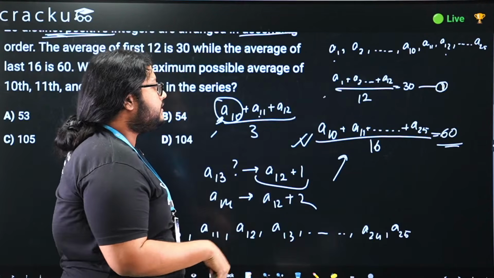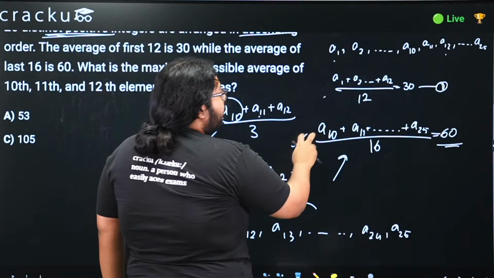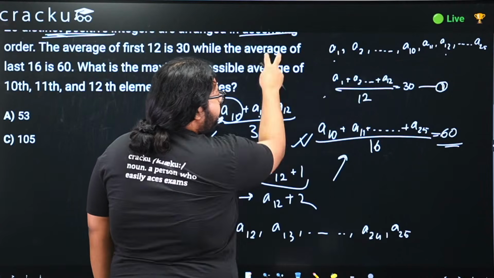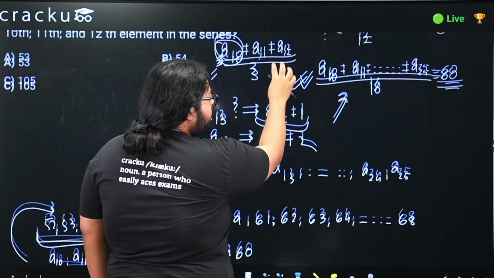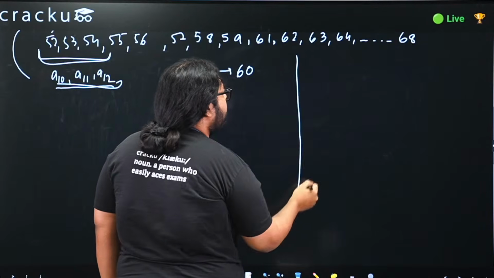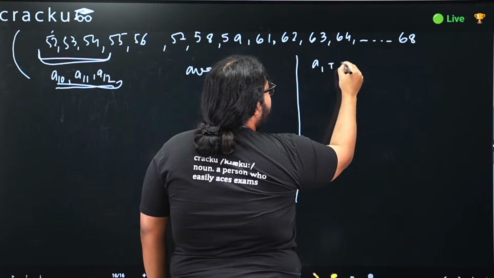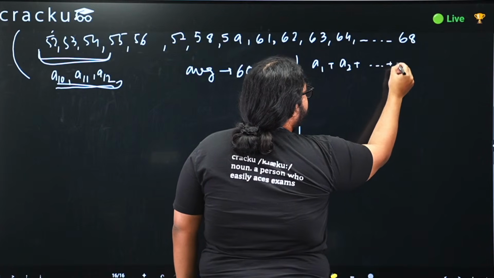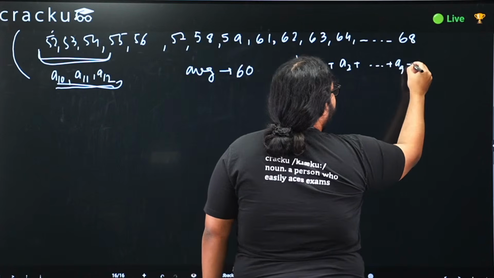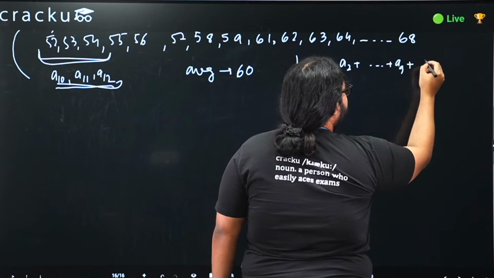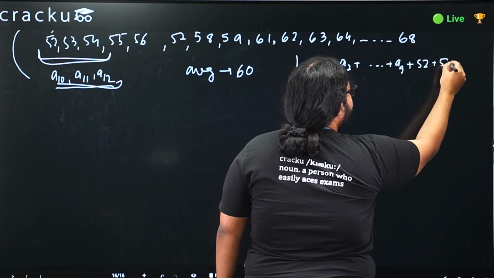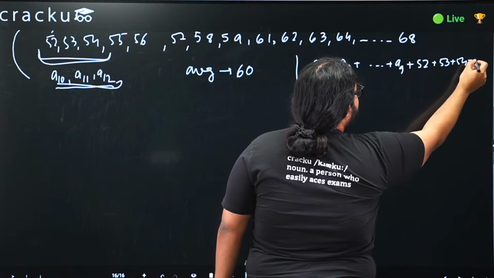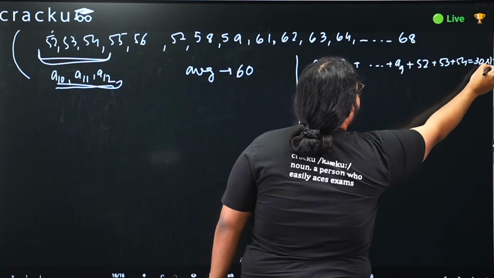How do we use this? Now the thing is, A1 through A12 divided by 12 should give me 30, which means A1 plus A2 plus all the way up to A9 plus 52 plus 53 plus 54 should give me 30 times 12.